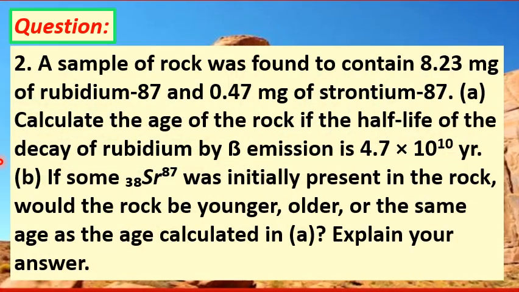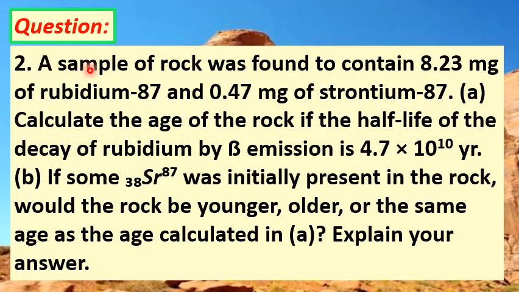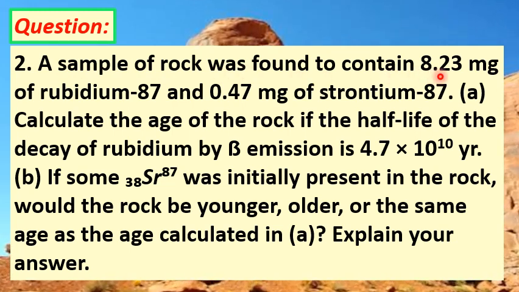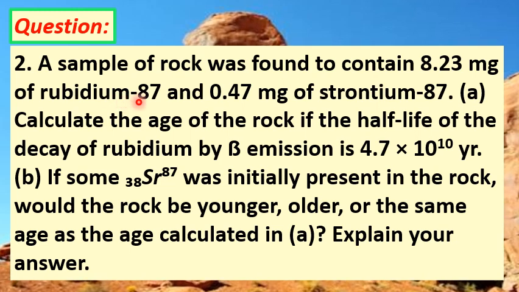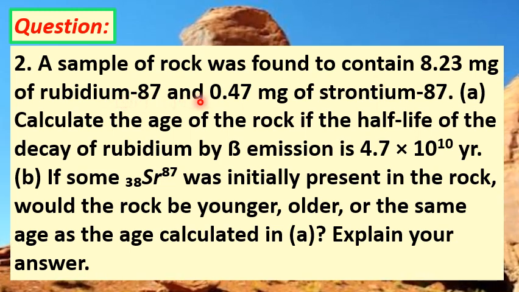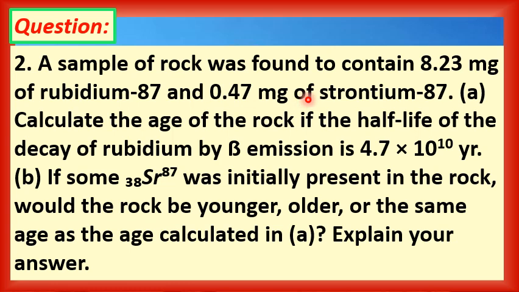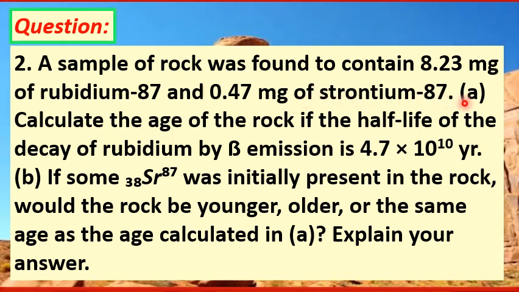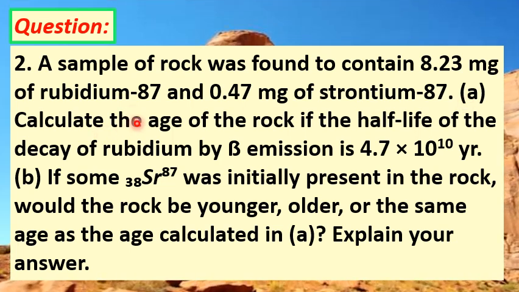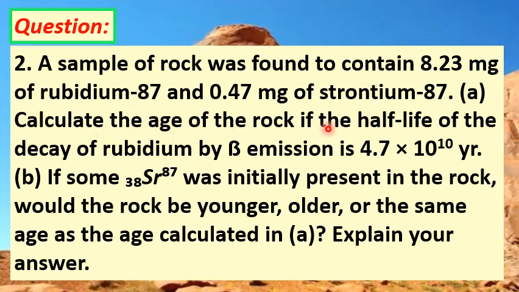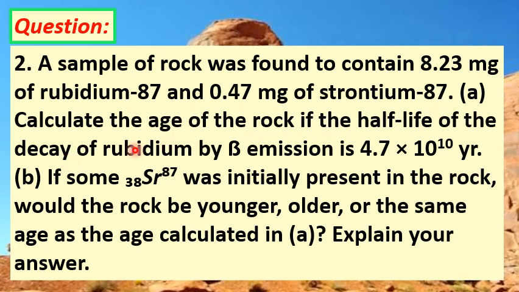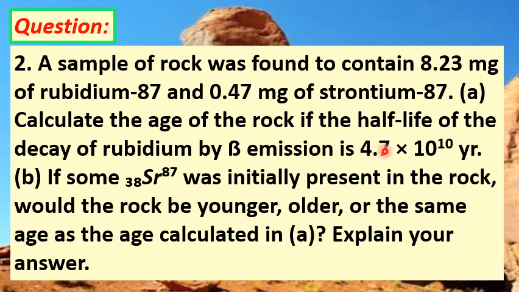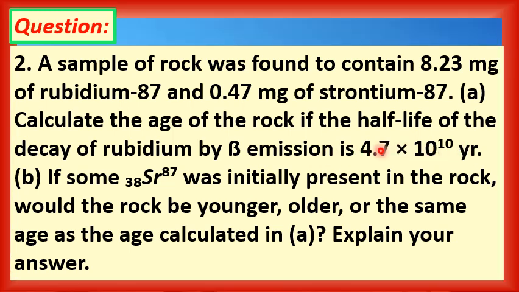For our last question, number 2, a sample of rock was found to contain 8.23 milligrams of rubidium-87 and 0.47 milligrams of strontium-87. Question letter A, calculate the age of the rock, if the half-life of the decay of rubidium by beta emission is 4.7 times 10 to the 10th power year.